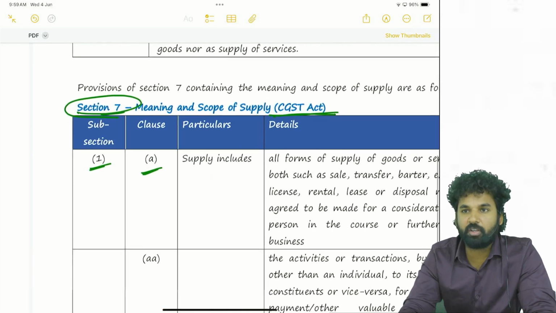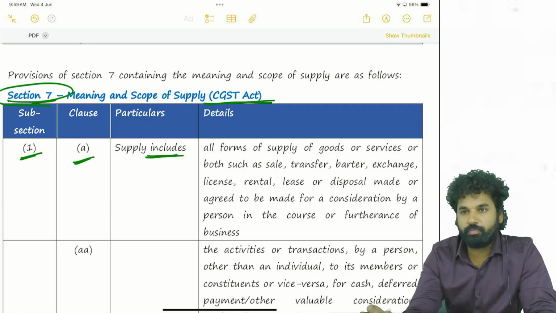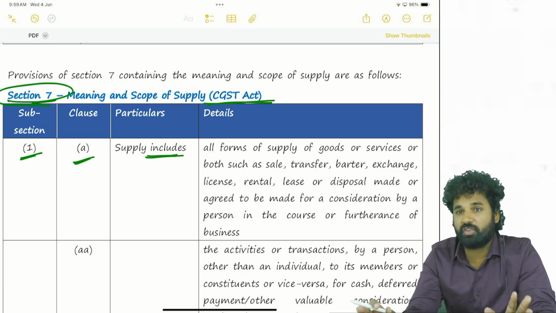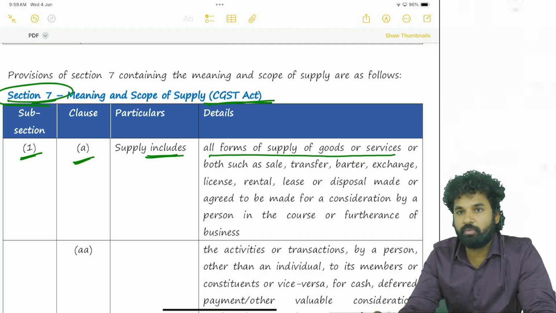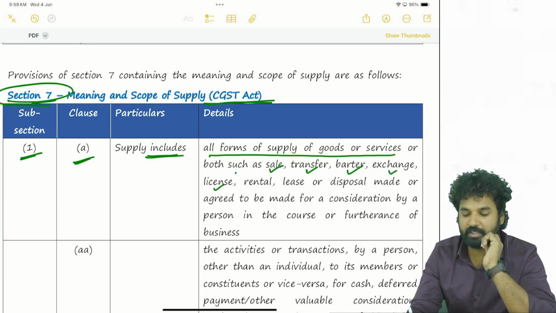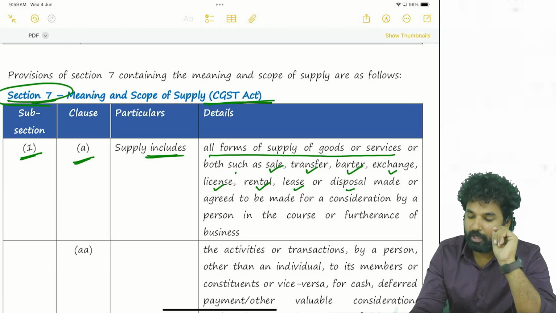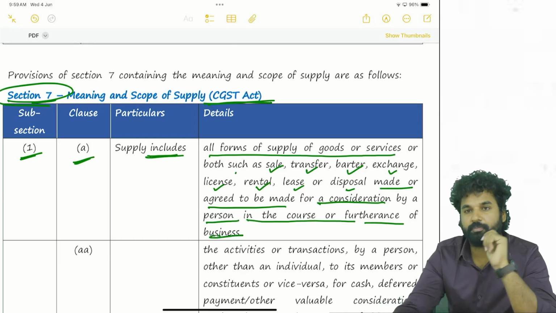See, in this, the first clause is 7(1)(a). So here, supply includes. That means it is an elaborate definition. It is not an exhaustive definition. Supply includes all forms of supply of goods or services or both, such as sale, transfer, barter, exchange, license, rental, lease or disposal, made or agreed to be made for a consideration by a person in the course or furtherance of business.